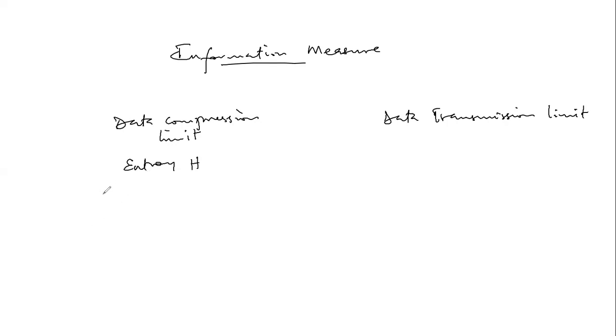And we said this was the minimum value of the mutual information between X and Y, given that X was transmitted and Y was received, okay?